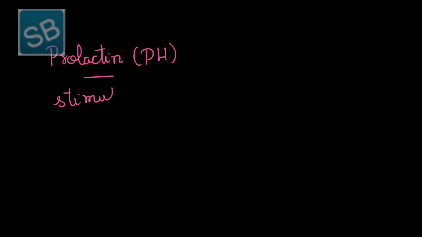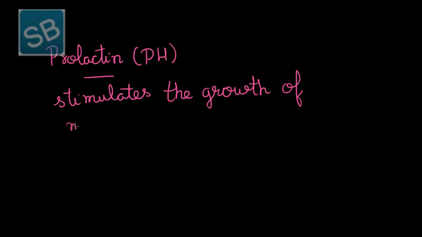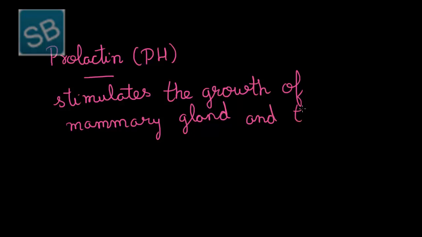The second type of hormone after growth hormone is prolactin. It is also known as PRL, that is prolactin hormone. This hormone stimulates the growth of the mammary gland and thereby the secretion of milk after delivery.